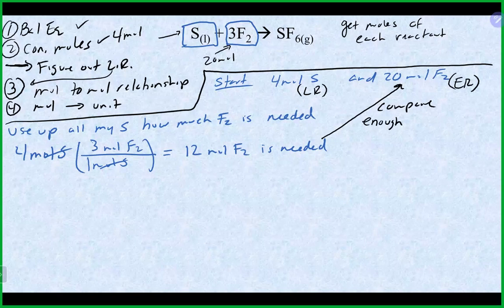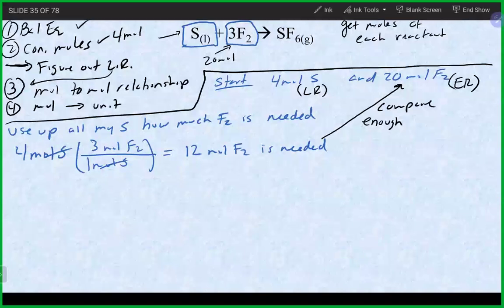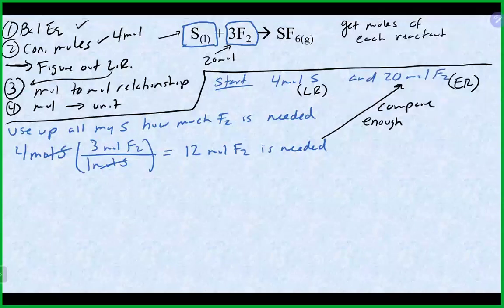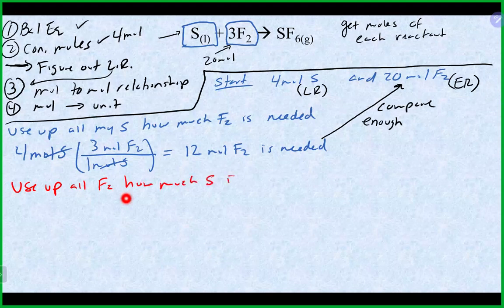So if I wanted to do, say, the opposite calculation, let's just say, for example, I wanted to use up all my fluorine. How much sulfur is needed? So again, you could choose either reactant to do this calculation.